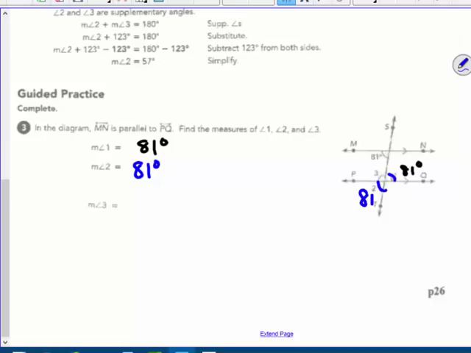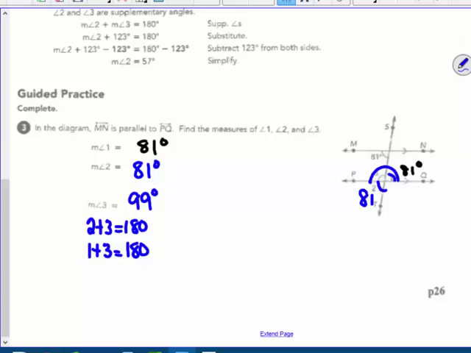The measure of angle 2 plus the measure of angle 3, so 2 plus 3 has to add to 180, or I could say 1 plus 3 has to add to 180. So I can find angle 3 by supplements. So 180 minus 81, they're supplementary, so that's got to be 99 degrees is the measure of 3.